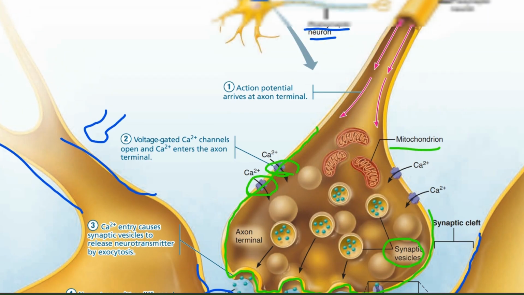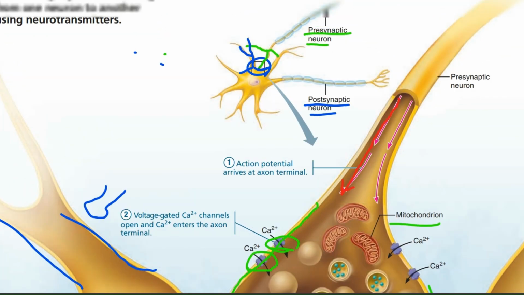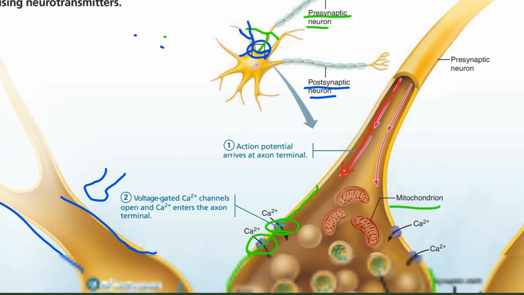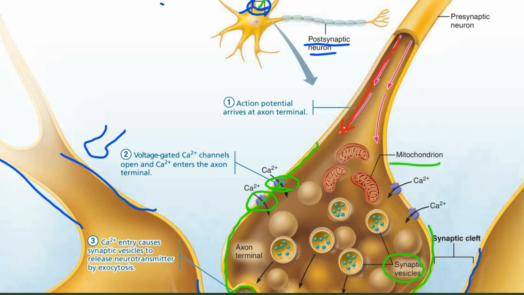We can notice that the action potential, when it arrives to the axon terminal, it begins in the axon hillock and arrives to the axon terminal. We'll talk about this process in another video.